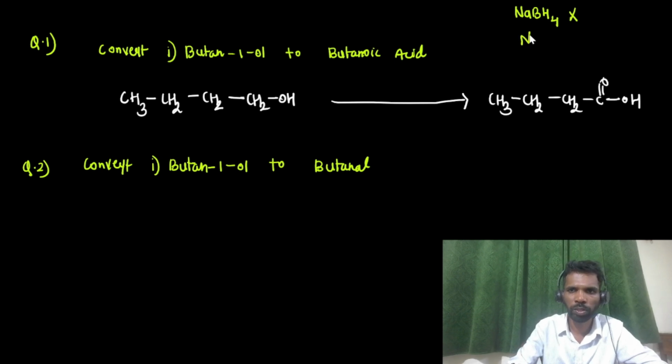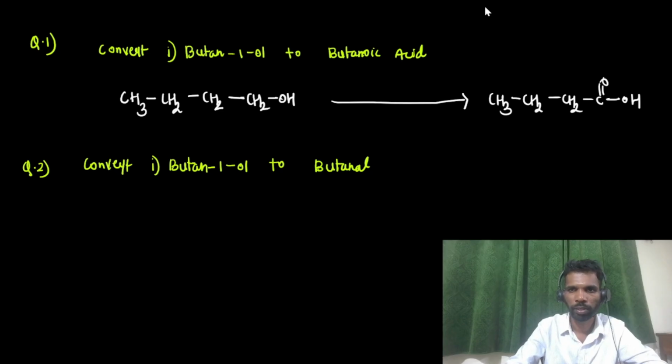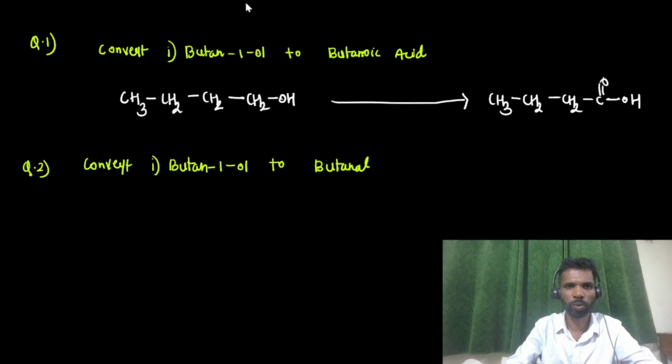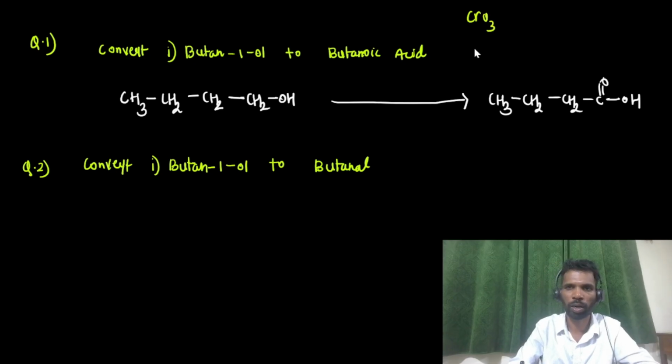Can you use sodium in the presence of ethanol? No, sorry, this is a reducing agent I am speaking of, right? Sorry, not this. Oxidizing agents like CrO3. Can we use oxidizing agents like CrO3? No, this will oxidize it up till aldehyde.